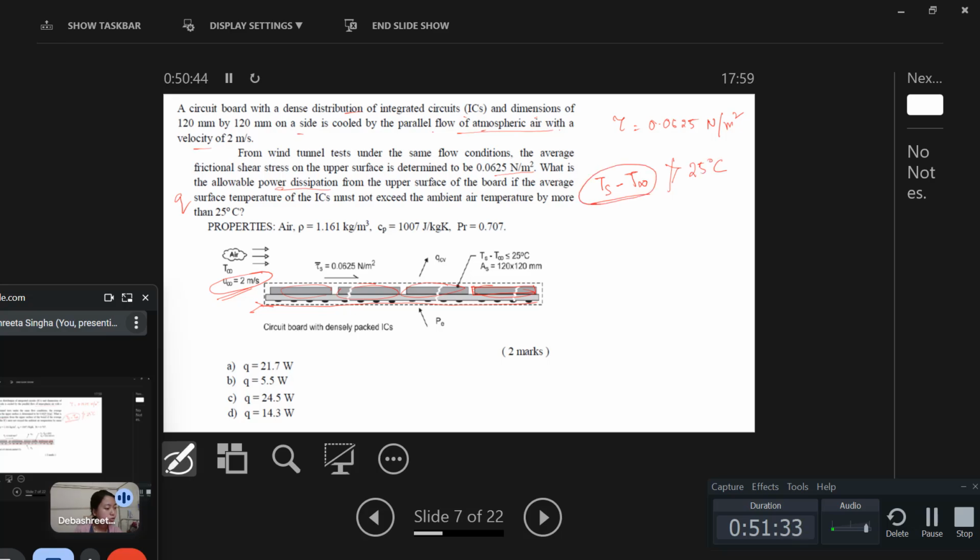So we can consider they have given the temperature difference delta T as 25 degrees Celsius, then you can proceed. Now air properties are given. Rho, the density, is 1.161 kg per meter cube. Then the Cp, specific heat, is given as 1007 joule per kg Kelvin.